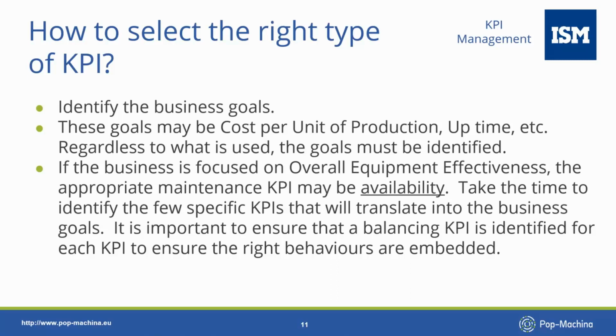But at the same time, we need to think about client satisfaction, about product or service quality. So please think at the same time from different perspectives and use these balancing KPIs just to ensure the right view of the situation and direction.